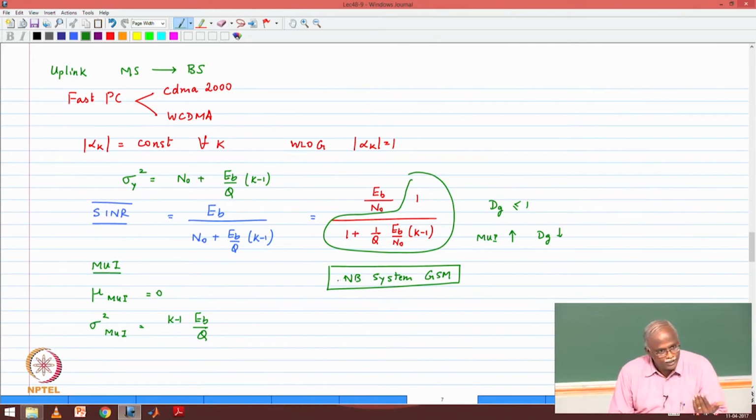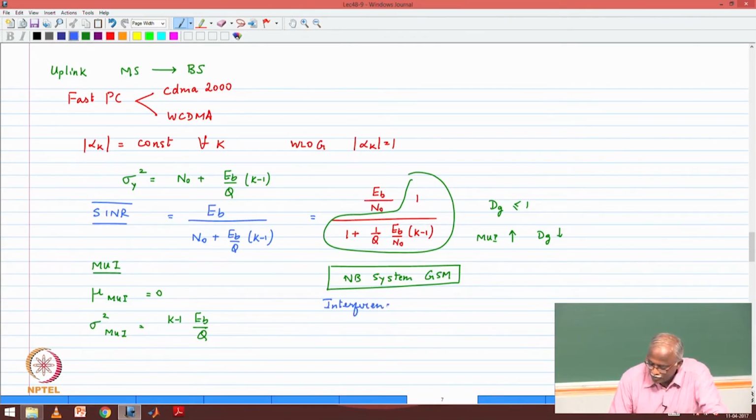You see interference from a co-channel cell. It is not from your own cell. It is coming from somebody else who is using the same frequency. Now, if I look at tier 1 users, what is the maximum number of co-channel cells? 6. So it is still a small number. In a narrowband system, the interference has a very different characteristic.